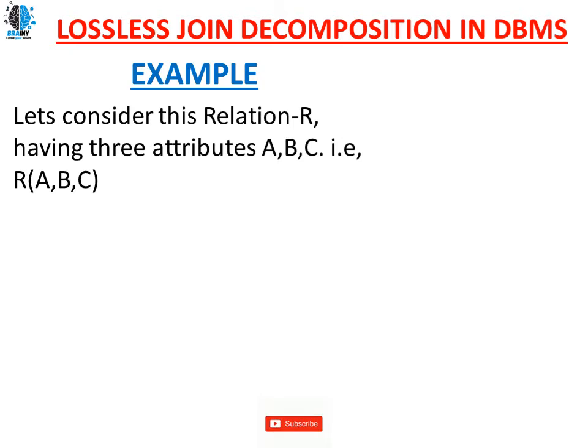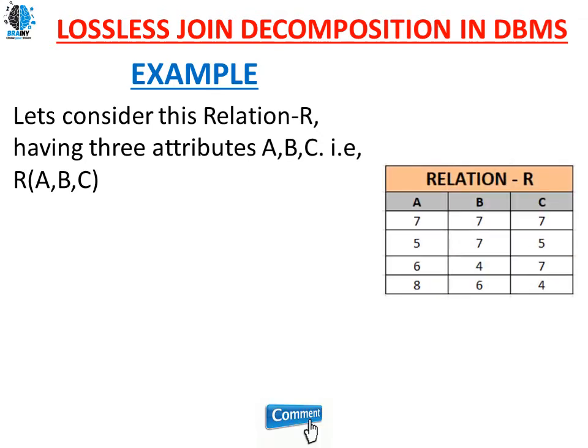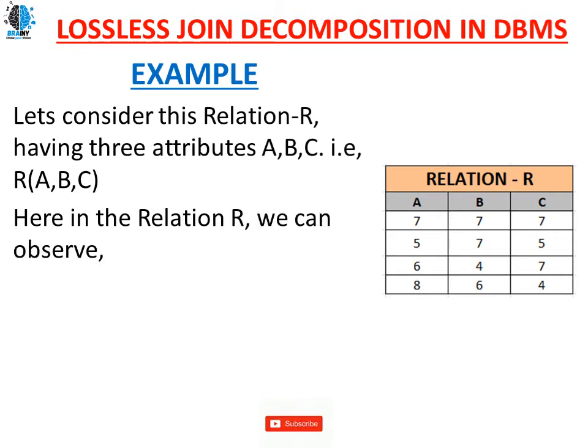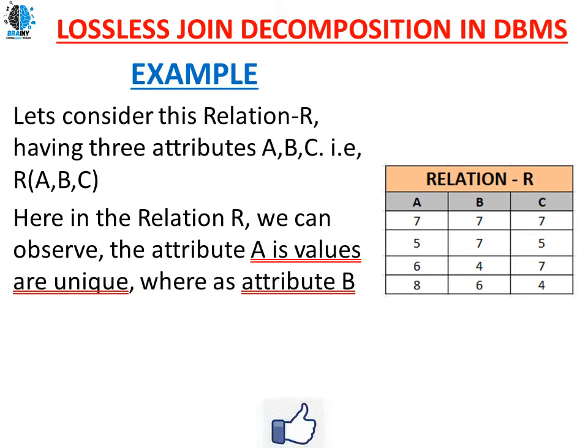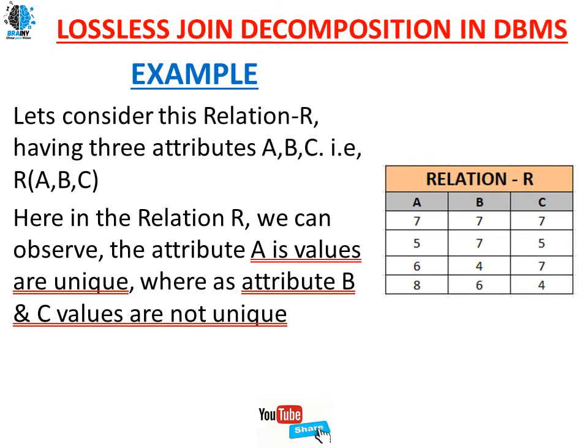Let's see an example of lossless join decomposition in DBMS. Let's consider this relation R having three attributes A, B, C, with some numerical data. If you observe this table, the values of attribute A are unique, whereas the values of attributes B and C are not unique.